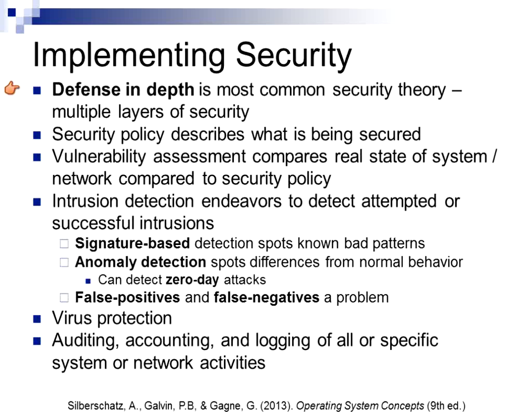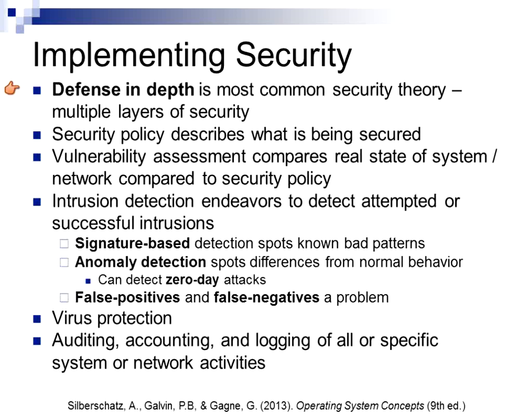Okay, implementing security. Again, this is where you want to do multiple layers. We talked about those different levels: the physical security, the user security, the network security, and the program security, or the system security.